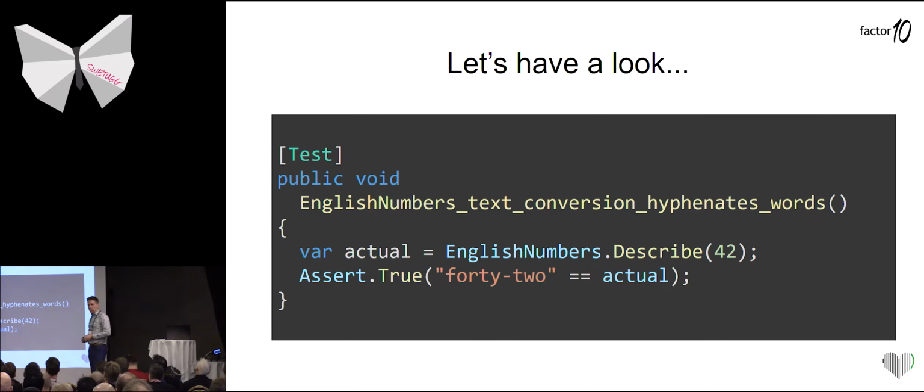Let's look at the test. We pass in 42 to our English numbers describe method. And then we compare that we get 42. And this fails. What is the problem here? Anyone?